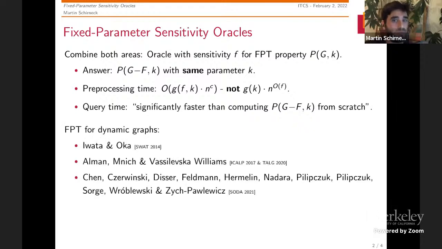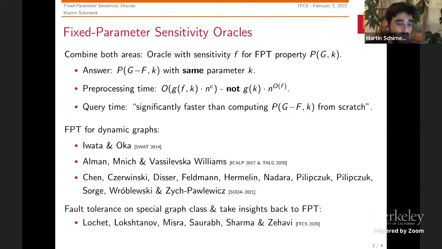There are some works for FPT on dynamic graphs, but none of these works take into account this fixed sensitivity f, so the maximum number of failures we have to prepare for. And we think this is an omission, a gap that needs to be closed, because it really lends itself essentially as another parameter.